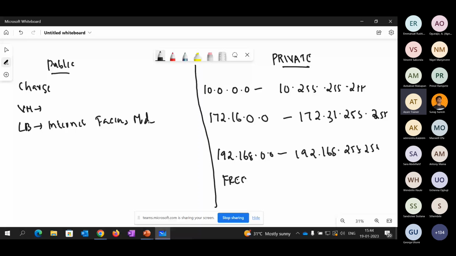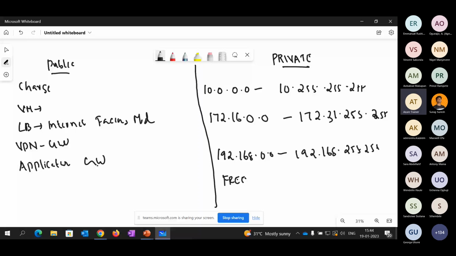In addition to that, if you are configuring a VPN gateway, you will be assigning a public IP address. If there are application gateways in place, you will be using a public IP address.